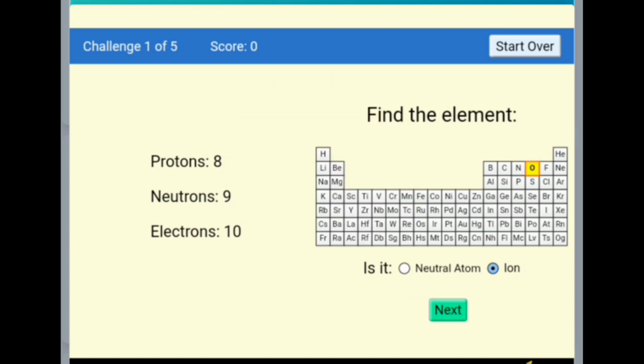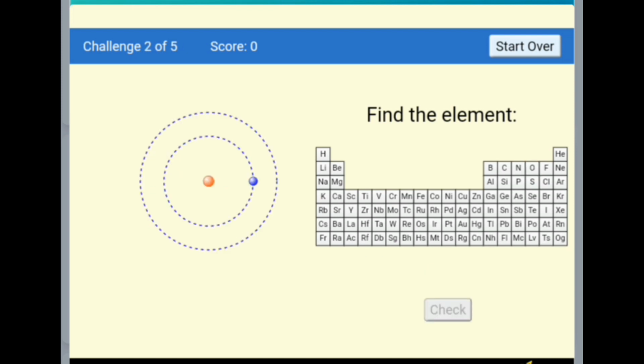If your answer is correct, you receive a smile. If the answer is wrong, you will receive the opposite of it, and then you can choose to view the correct answer if you're not getting it correctly.